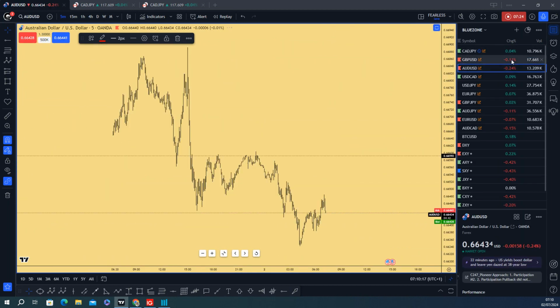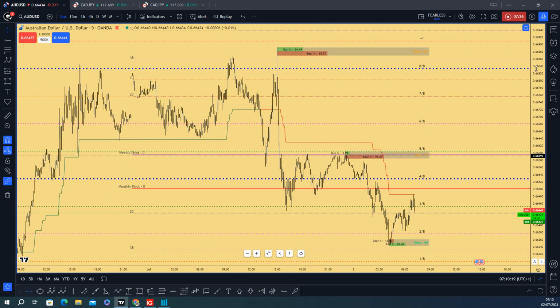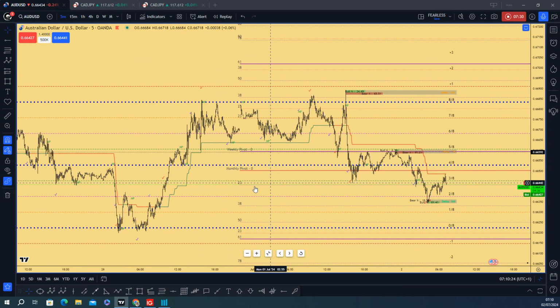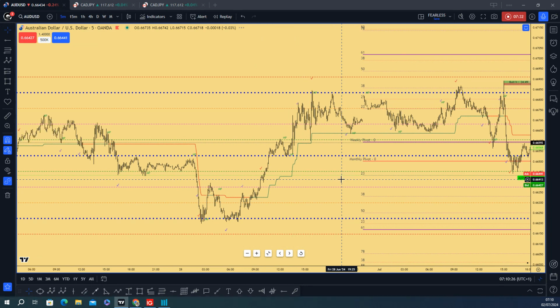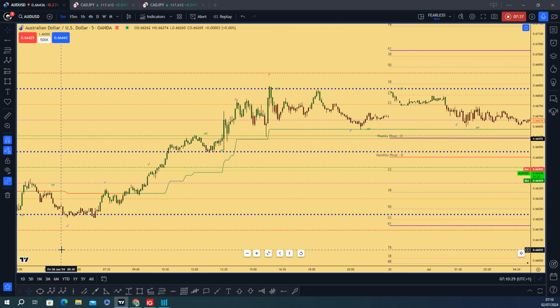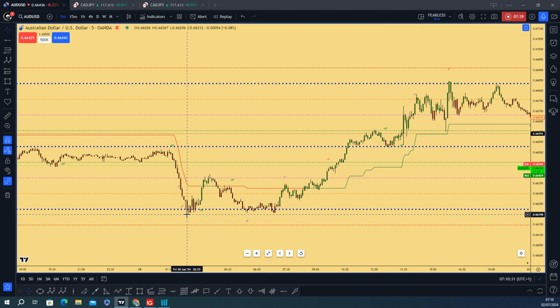Aussie dollar. Okay, so the Australian dollar, US dollar, look at this, very similar to the pound. So we have wave structure 1, followed by 2, 3, 4, and 5.